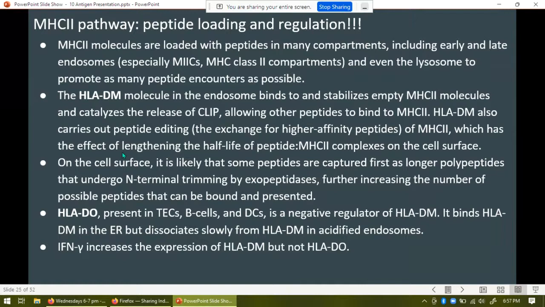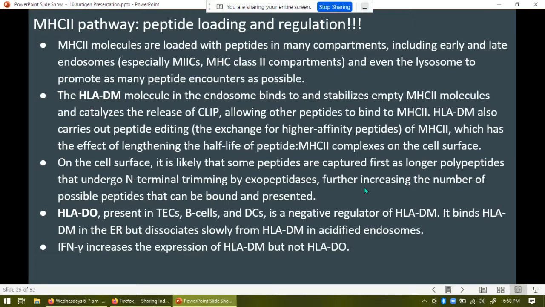Okay? On the cell surface, it is very likely that some peptides are captured first as longer polypeptides, and then they undergo trimming by exopeptidases on the cell surface with the active site facing outward. Exopeptidases like furin or certain other enzymes are facing outward on the cell, and they're cleaving some of the long peptides in the MHC2 cleft.